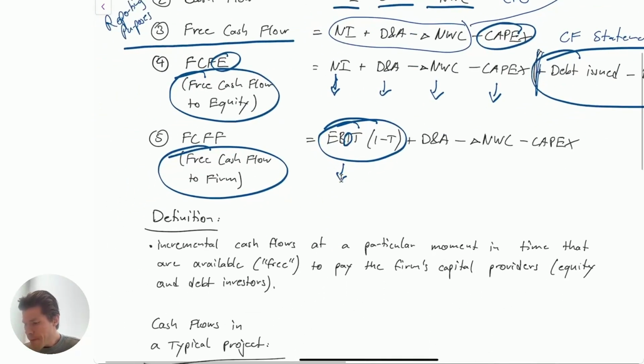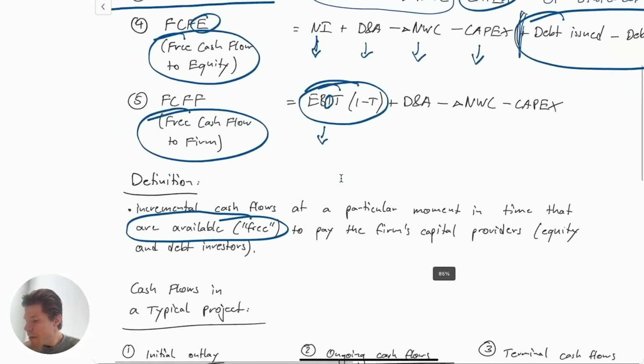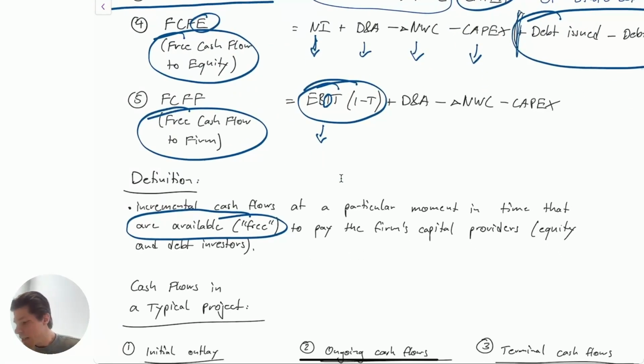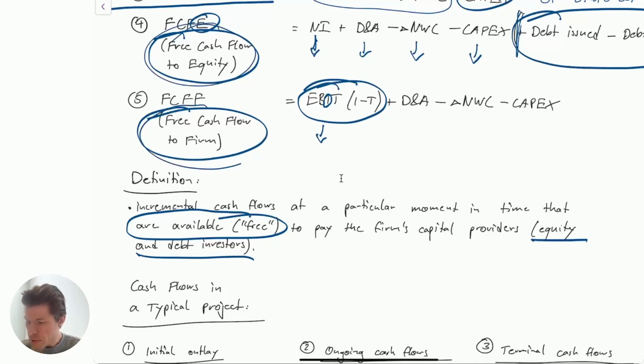Very important, the cash flows we are talking about when valuing are incremental cash flows at a particular moment in time that are available free, that's why we call it free cash flows, to pay the firm's capital providers, equity and debt investors. Here it's only the equity investors. For free cash flow to the firm, it's both.